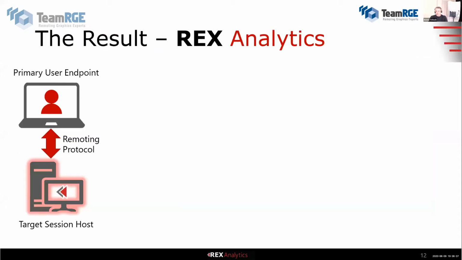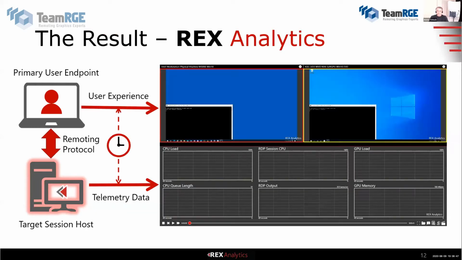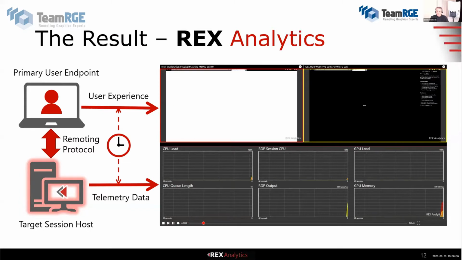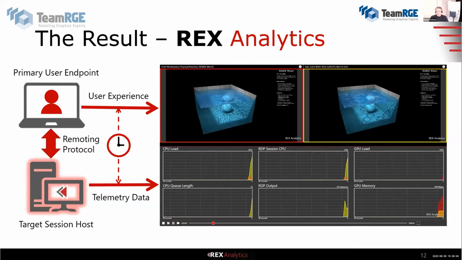And if we are feeding the data into REX Analyzer, please bear in mind that the data comes from different sources. Number one, the endpoint, and number two, the session host. So the REX Analyzer is the place where this data comes together. And this is why we can play the video side by side.